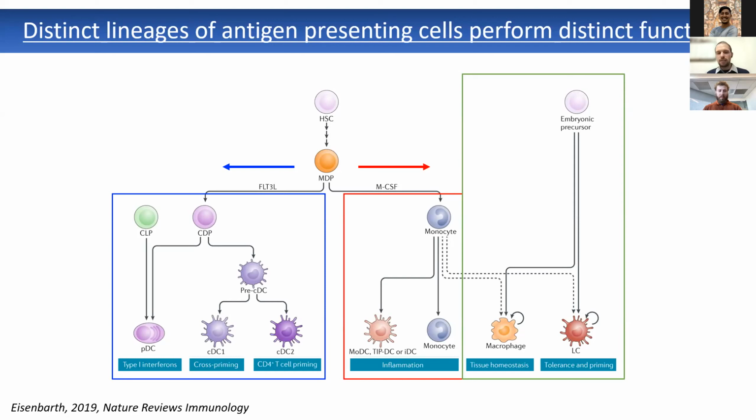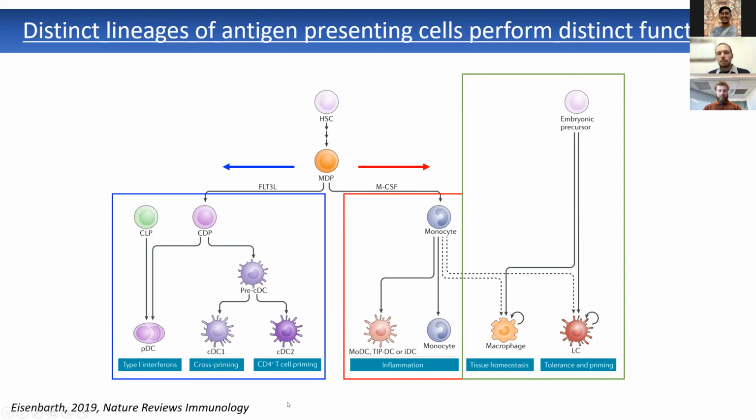A very relevant classification which has withstood the test of time is based on cell ontogeny. In the context of antigen-presenting cells, which are the cell population that I study a lot, we know that lineage and developmentally speaking, there are 3 types of antigen-presenting cells.